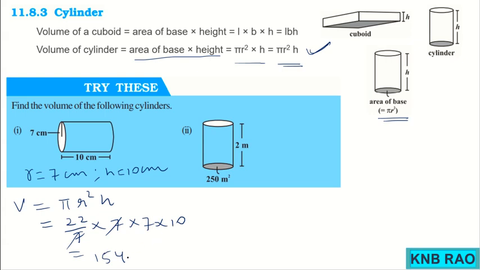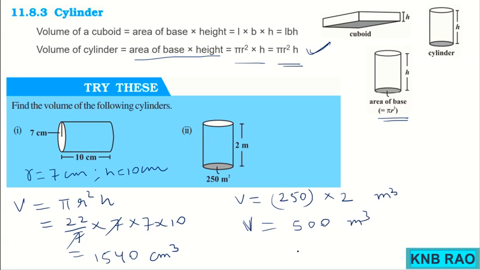So 154 into 10 is 1540, that is 1540 centimeter cube is the volume of the first cylinder. Another question, in that the volume is area of the base, already given 250 meter square into corresponding height 2 meter, so 250 2s are 500 meter cube is the volume of the next given cylinder. So this is how we find volume.